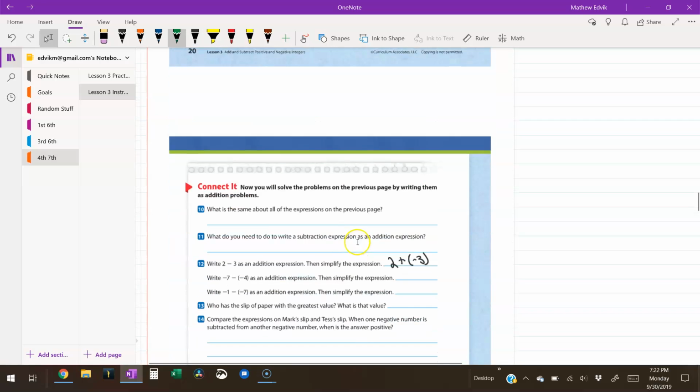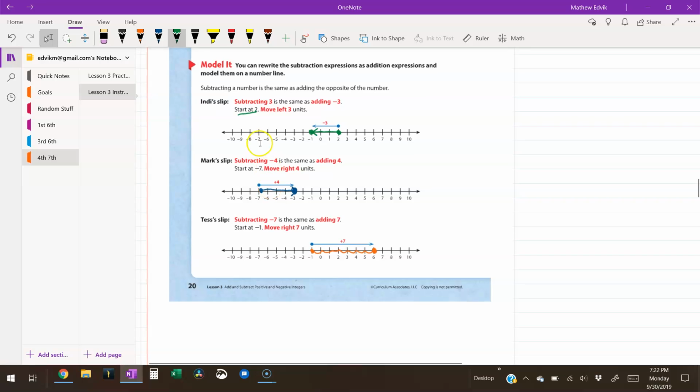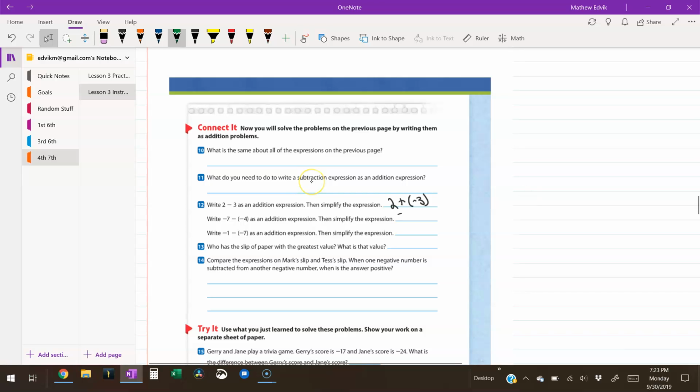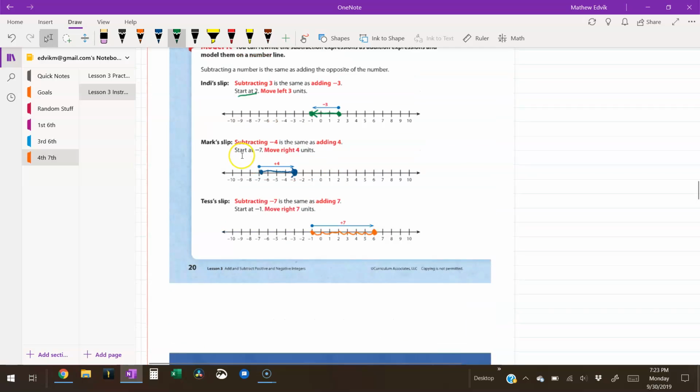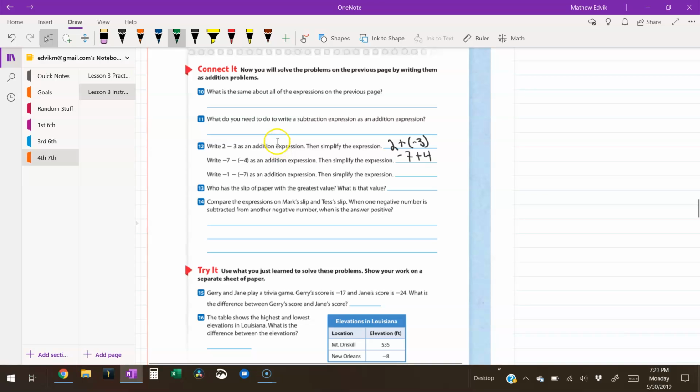So if we want to come down here, and let's move to 12 and write these as addition expressions. So here we had starting at -7 and adding 4. So we're going to write -7 plus 4. And here is -1 plus 7.